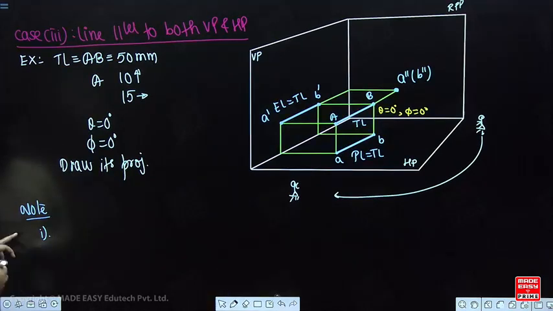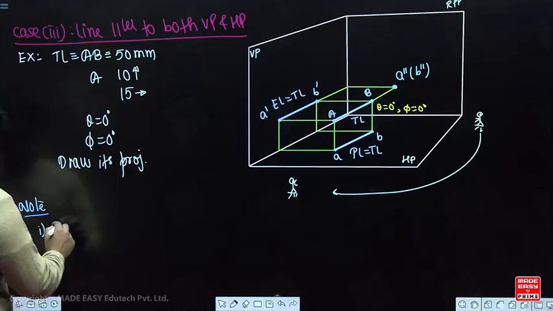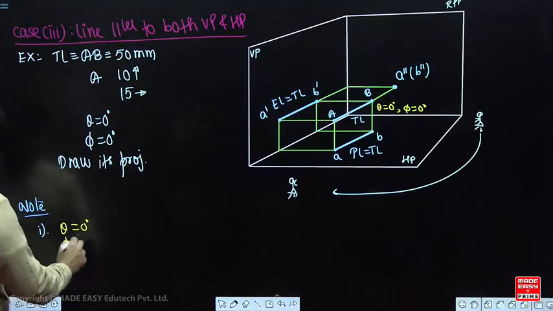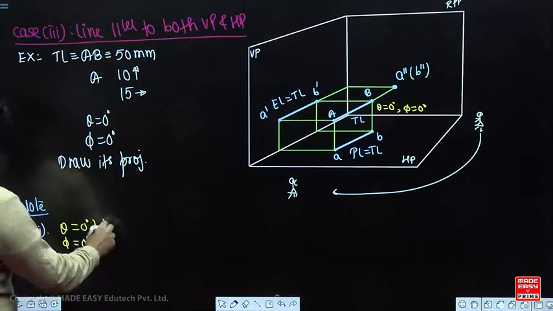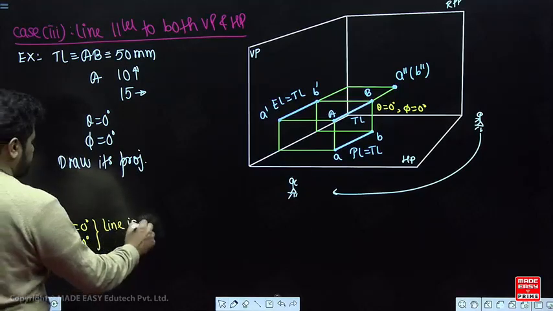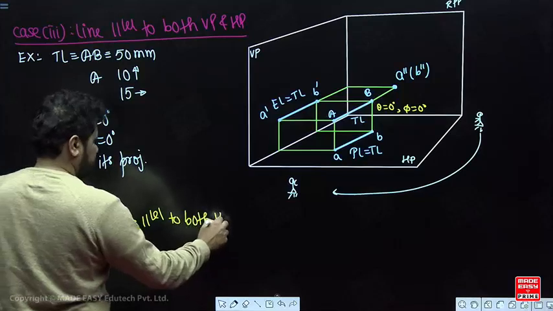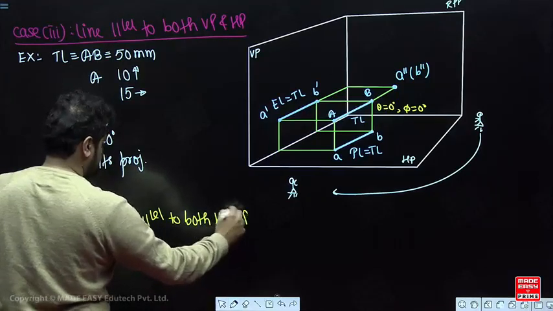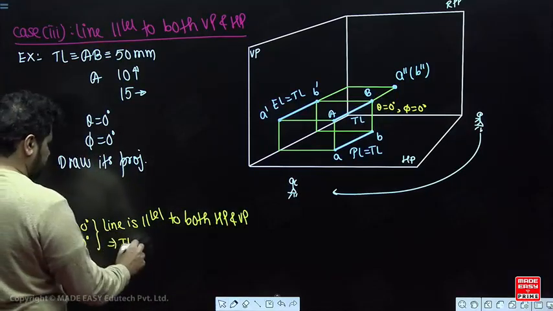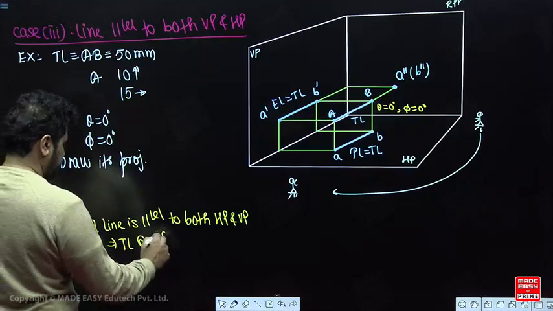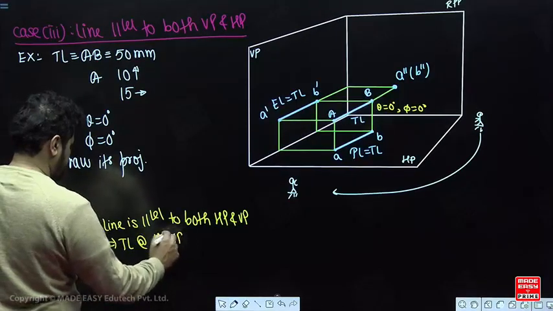So note number 1: theta is 0 degree, phi is 0 degree. The line is parallel to both HP and VP. True length at HP, VP.